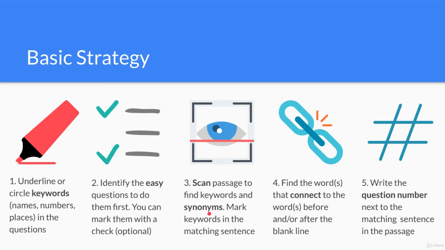Once you have located the matching sentence and once you think that you have found your answer, then you have to double check with the question and make sure that your answer connects to the connecting words. The answer has to fit into the blank line. Finally, once you have answered the question, then just put the number of the question next to the area where you found the answer in the reading passage. This way, it will be easier for you to locate the rest of the answers.